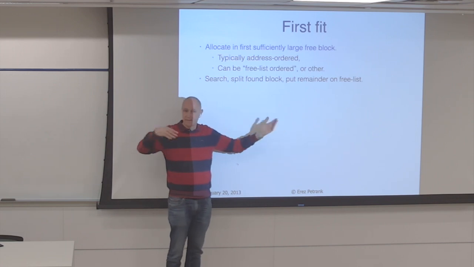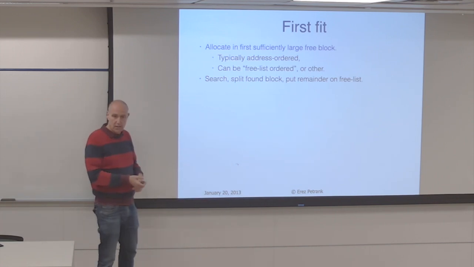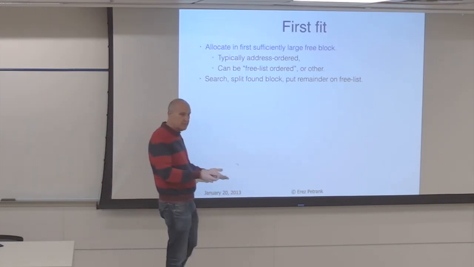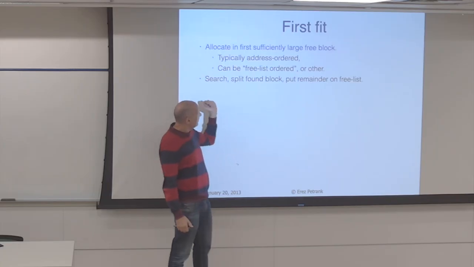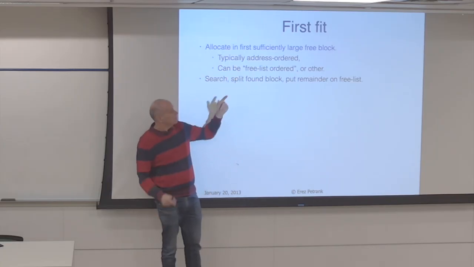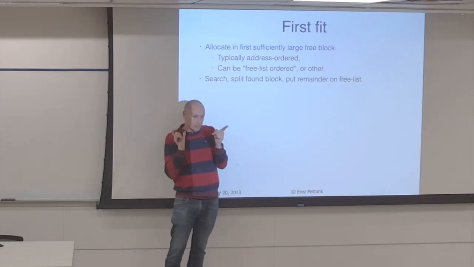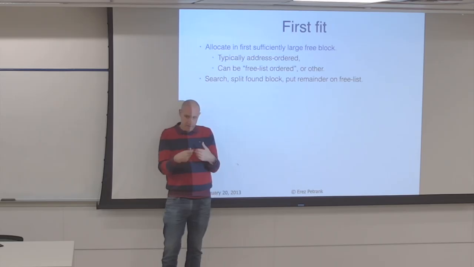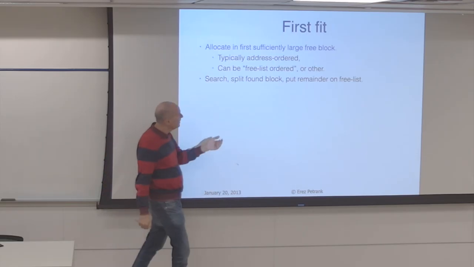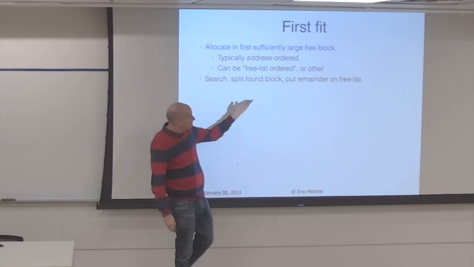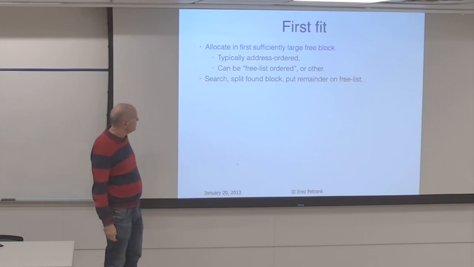Maybe you add stuff to the free list in various ways, and eventually you get some order on the free list, and you look in the free list for a good enough space to allocate. Once you find a slot you can allocate in, you split it, you take whatever you need, and the rest you leave in the allocator's hands, whatever way it keeps the object. If it's a free list, you leave it in the free list, and then you just use that.